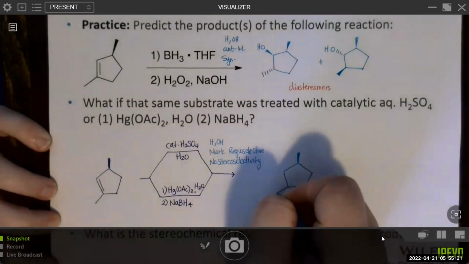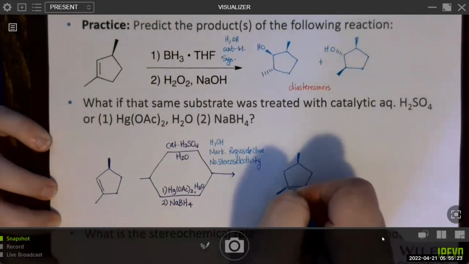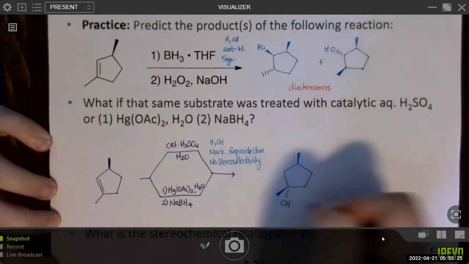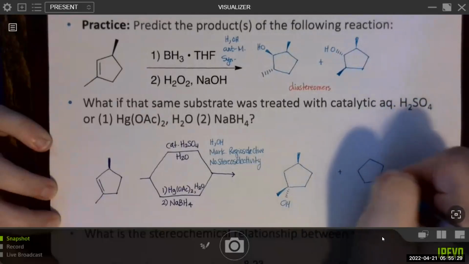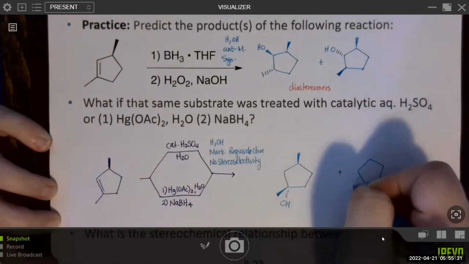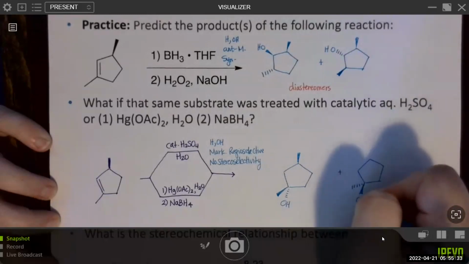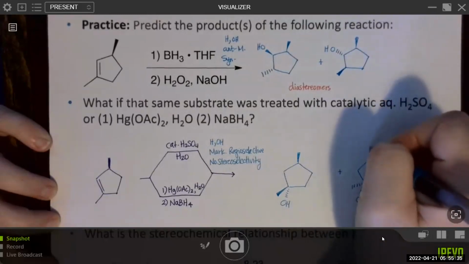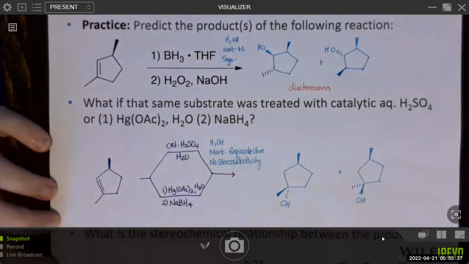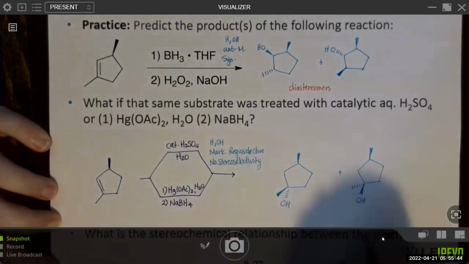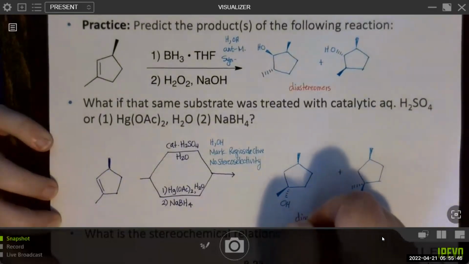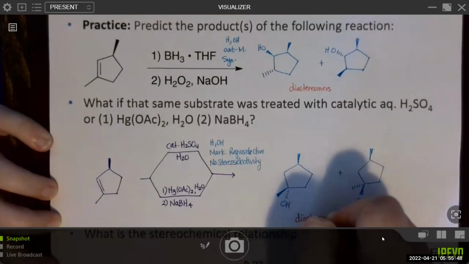So you're going to get both the OH added from the bottom and the OH added from the top. And if you ask yourself, what is the relationship between these? Again, they have one chiral center that's the same and one that's opposite. So these are still related as diastereomers.